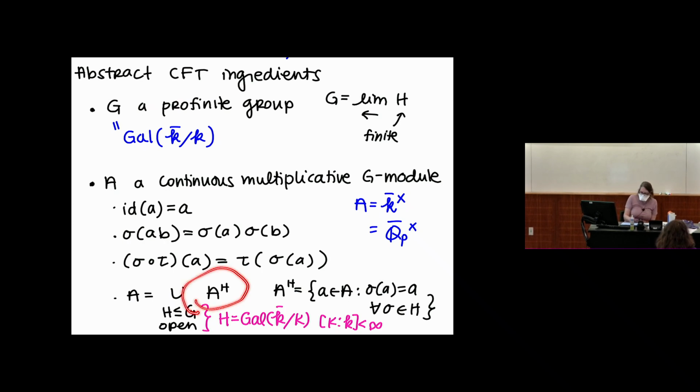And so these fixed subsets are just the finite extensions of Q_p. And you're just saying that A, the big separable closure, is the union of all the finite extensions there.